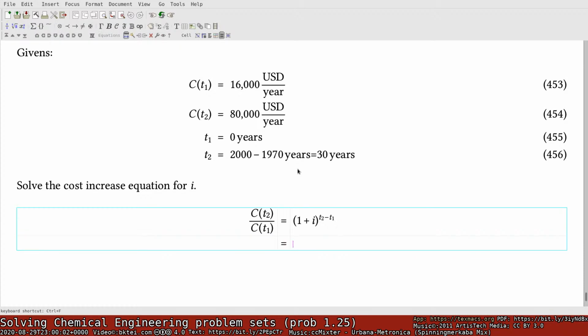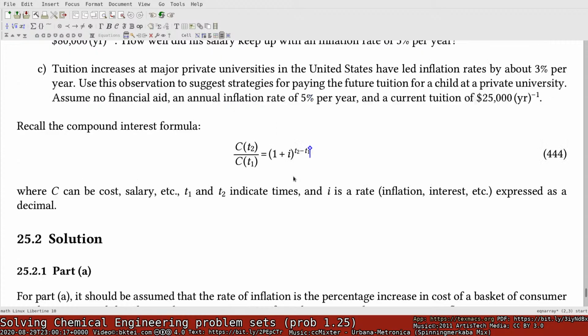And let's solve for I. So we need to put that thing in the equation.